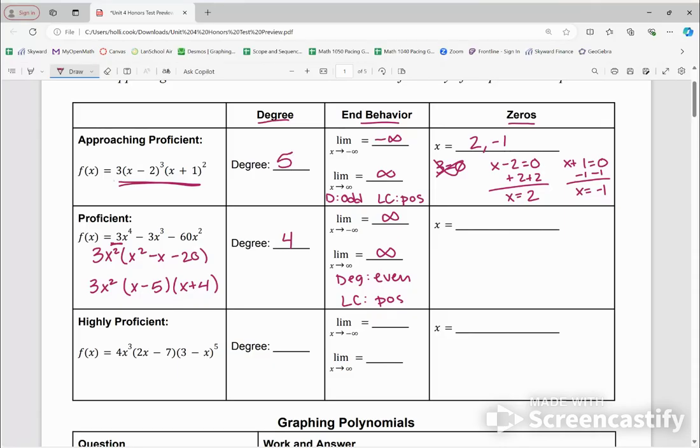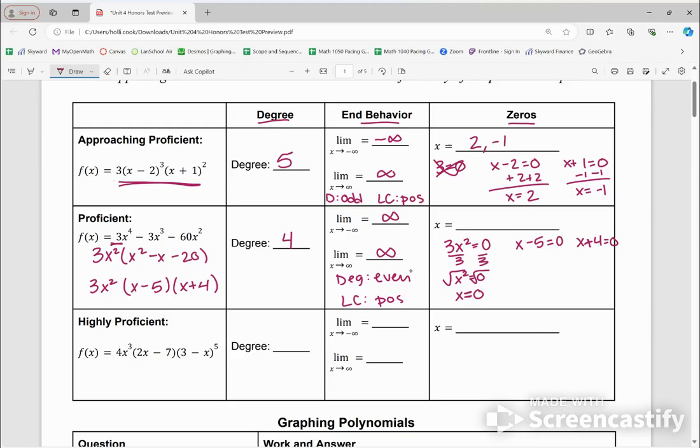All right, so that's our factored form. And now we can set each part equal to 0. So we have 3x squared equals 0, x minus 5 equals 0, and x plus 4 equals 0. So 3x squared, we can divide by 3, take the square root, so we get x equals 0.